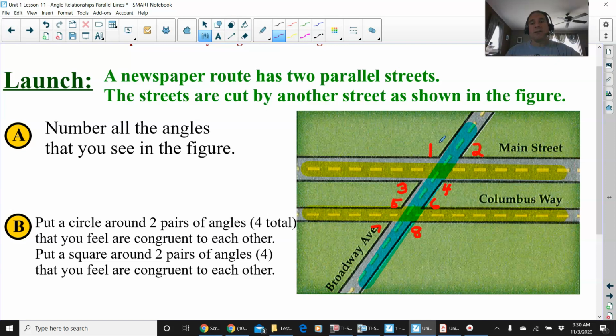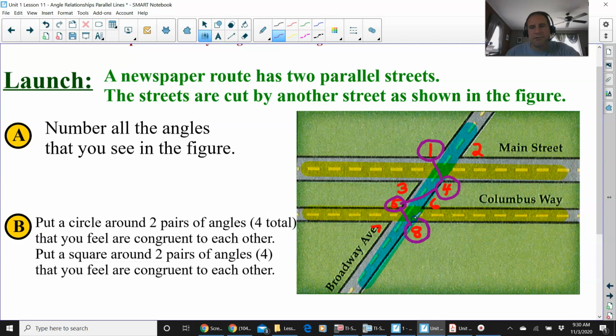Alright, so let's start with the obtuse angle, and we're going to start with a circle around angle 1. And this is basically like a crisscross method. So angle 1 is crisscrossing to angle 4, another obtuse angle. Those are congruent. And it's crisscrossing to angle 5. Those are congruent. And it's crisscrossing to 8.